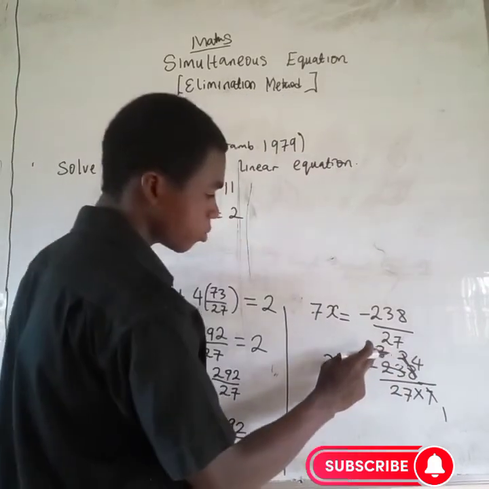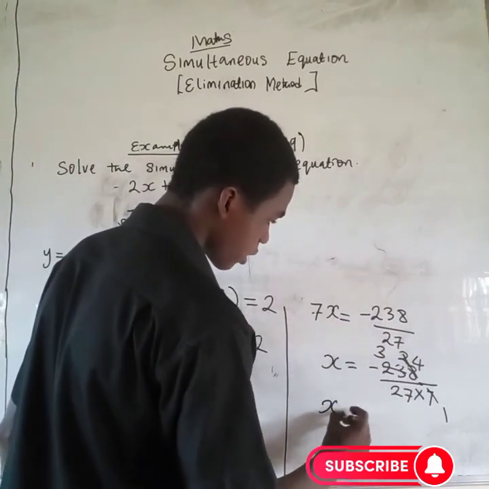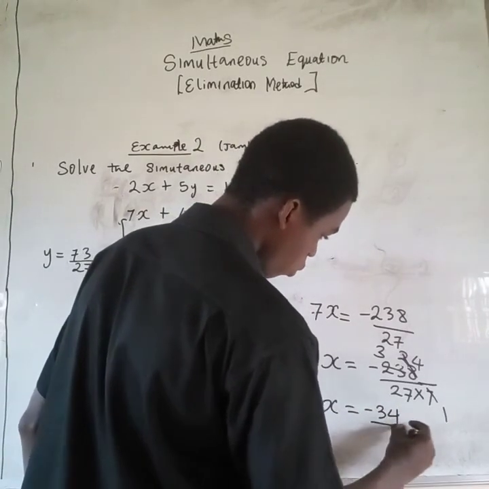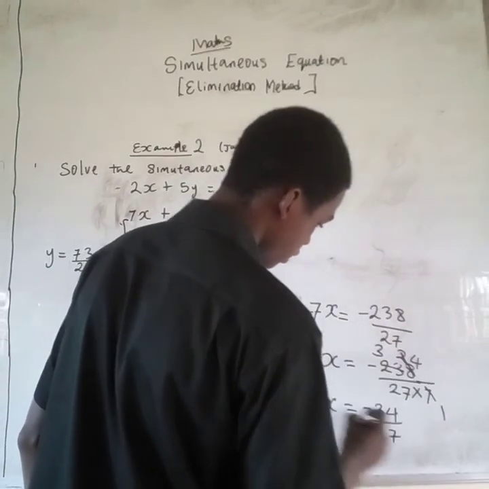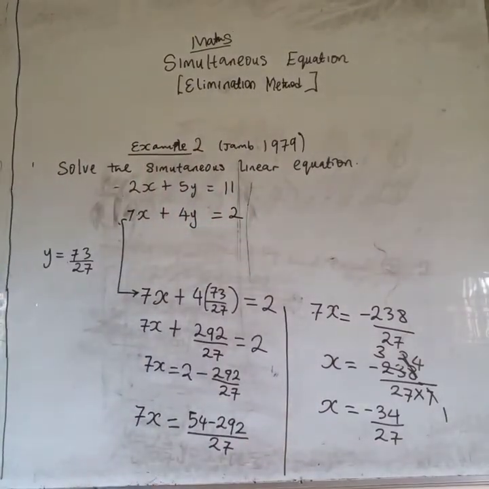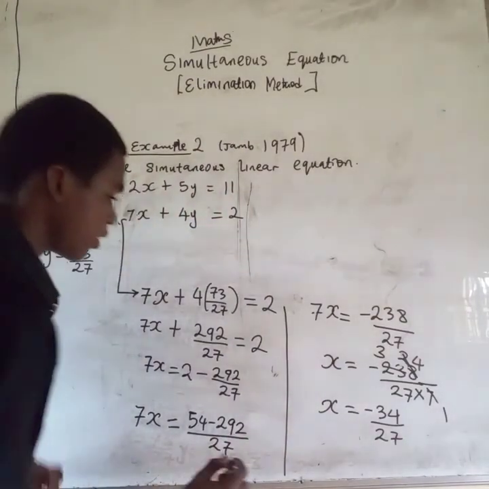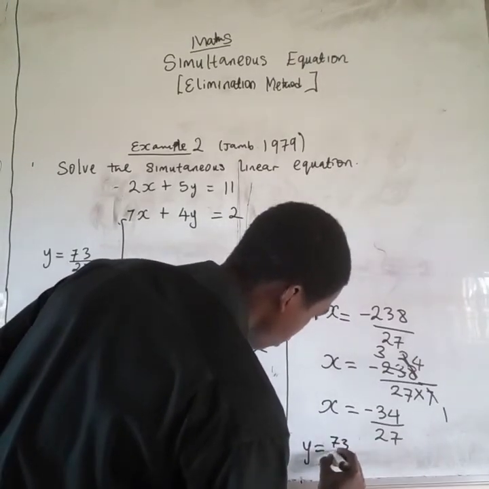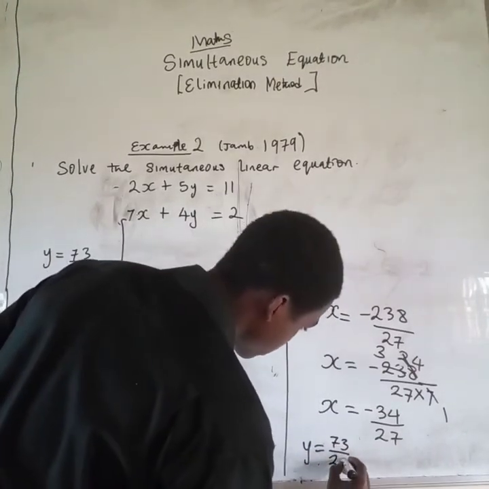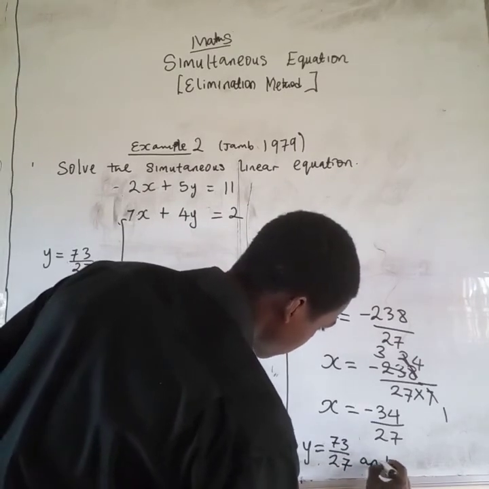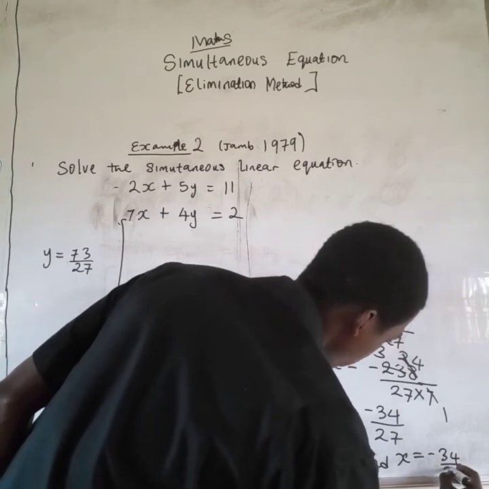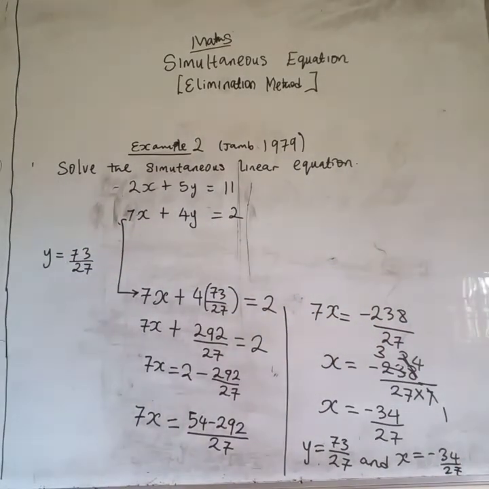So everything here becomes 34, x is equal to minus 34 over 27. So our final answer is y equal to 73 over 27 and x is equal to minus 34 over 27.